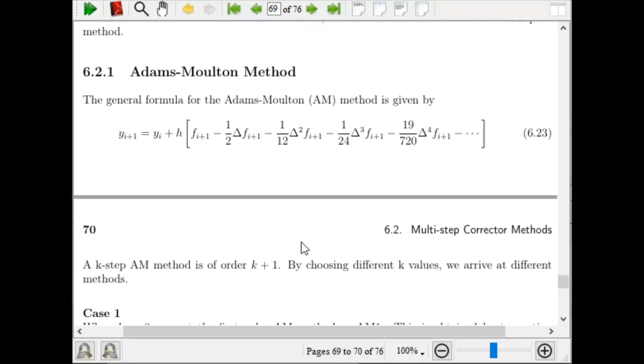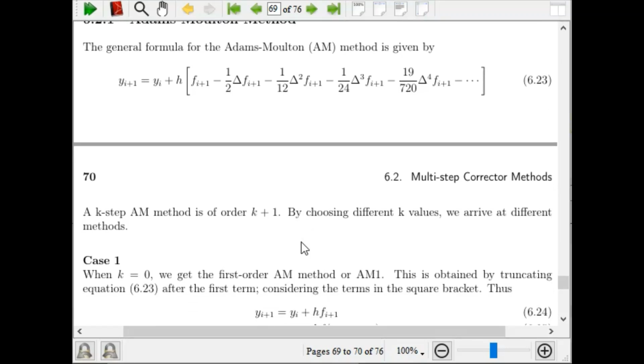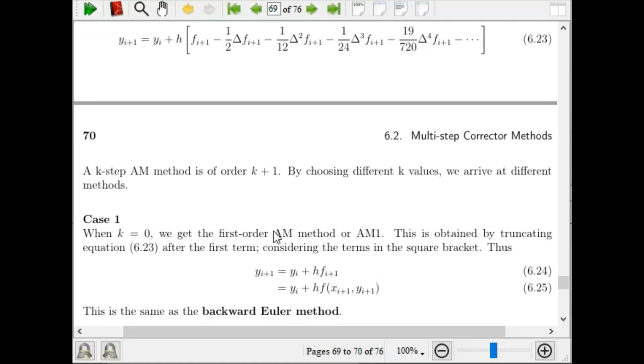So we look at the truncation. That is the first truncation. When we truncate here, we get the AM1.